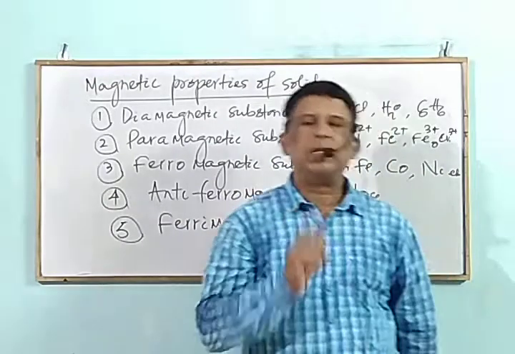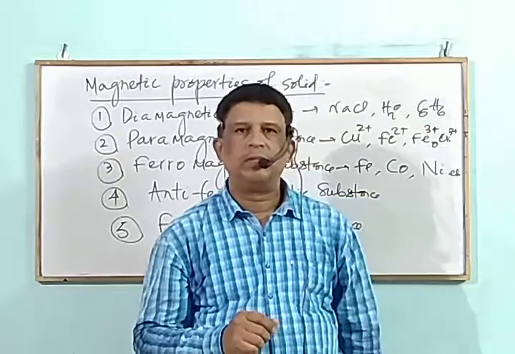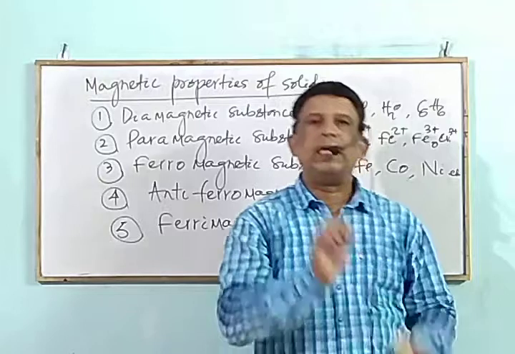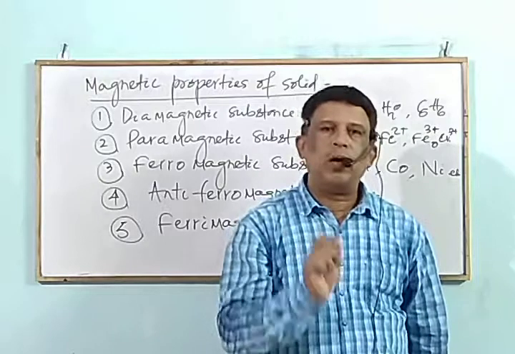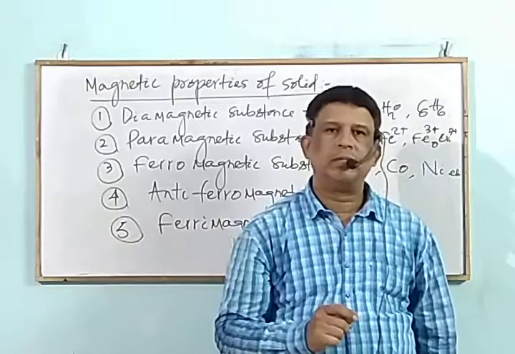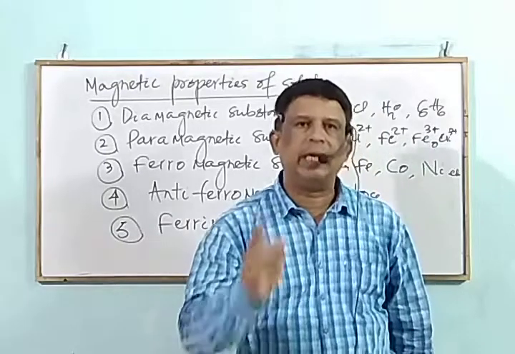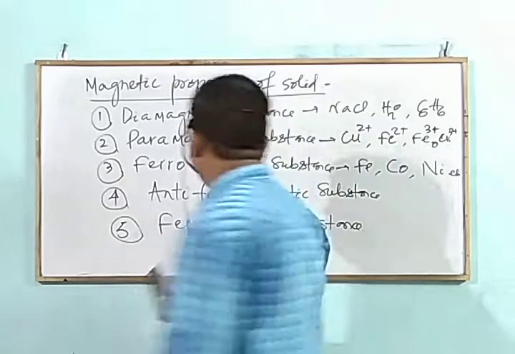It has been observed that in case of solid, the metal ions group together and remain in a small region to form a domain. Each domain behaves as a teeny magnet. Mark that.